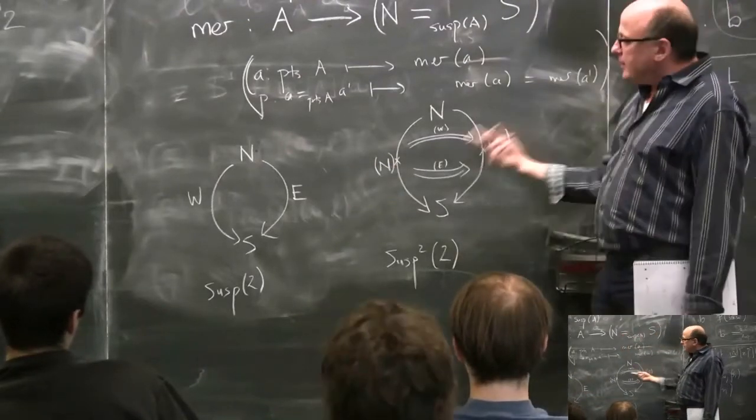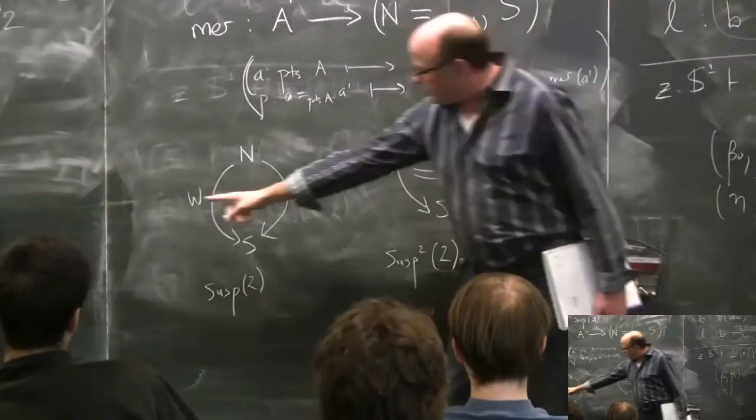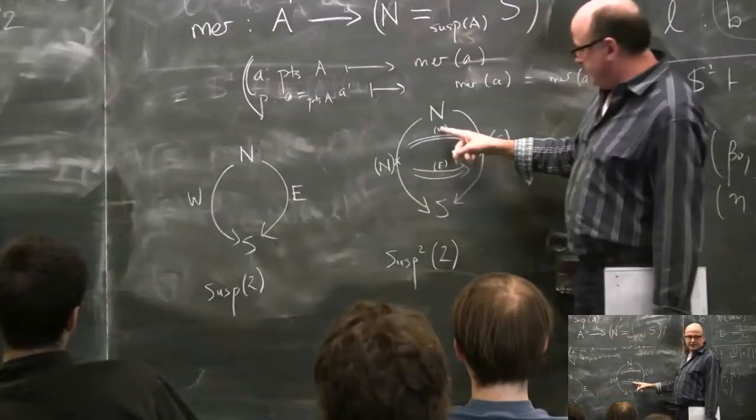And then because of the preservation property required, there's a 2 cell associated with W and E, which I write like that.